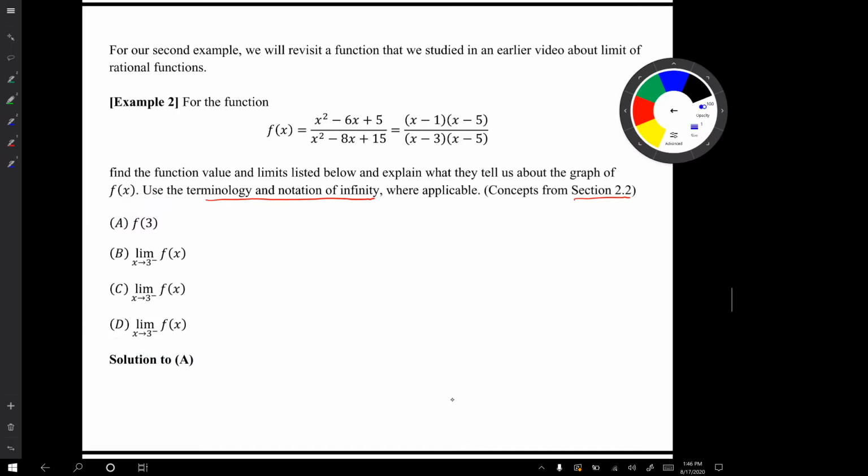Now, remember that when computing y values at particular x values and when computing limits at particular x values, it's most convenient to use the factored form of the function. So we were given this function in two forms.